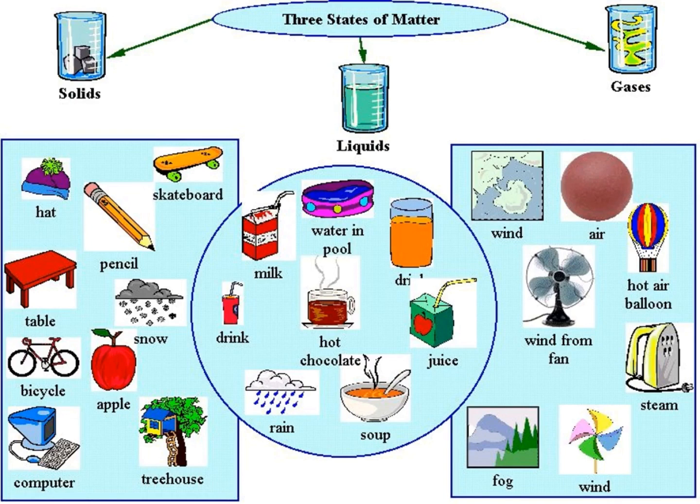While liquids, they are smooth. They flow smoothly down your throat, like milk, drink, juice, hot chocolate, rain, and water. Gases float all around you, like air, wind, steam, and vapor.